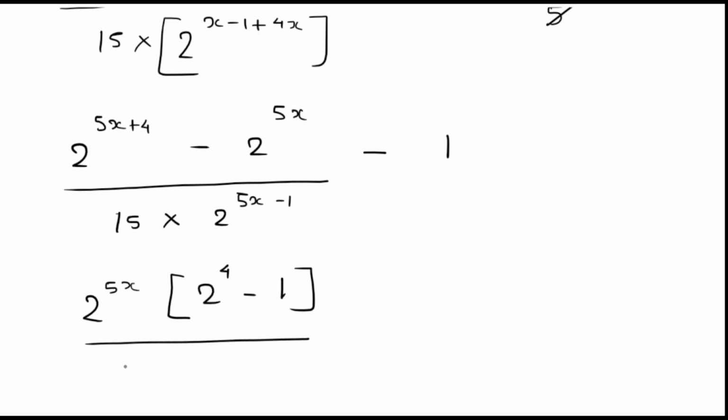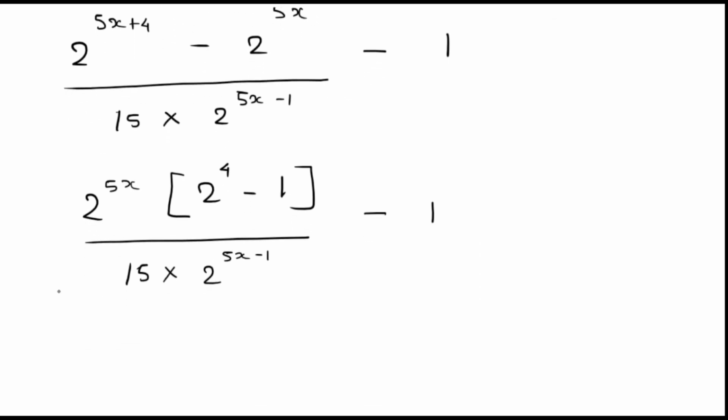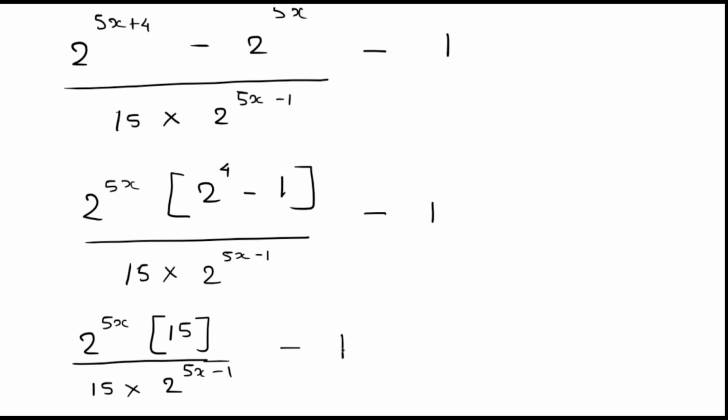The whole divided by 15 into 2 to the power 5x minus 1 minus 1, this will become 2 to the power 5x. 2 to the power 4 is 16 and 16 minus 1 is 15. So 15 divided by 15 into 2 to the power 5x minus 1 minus 1.